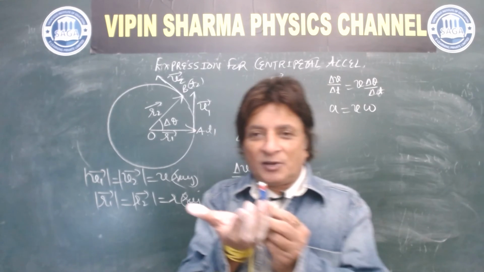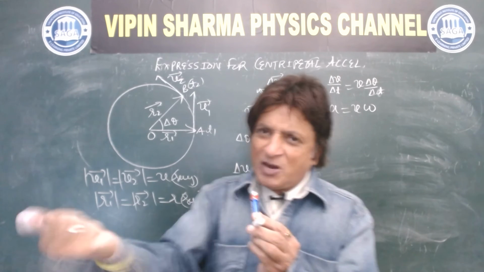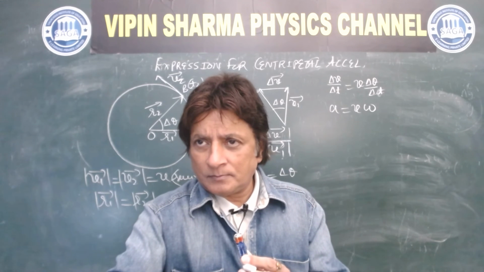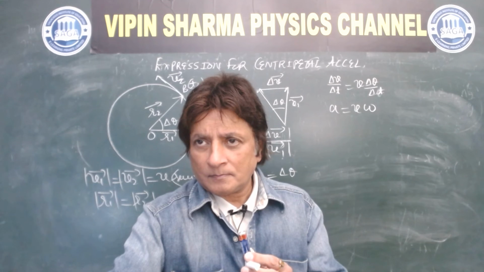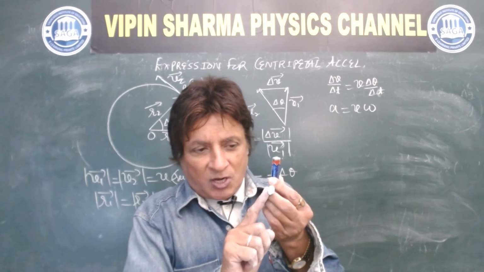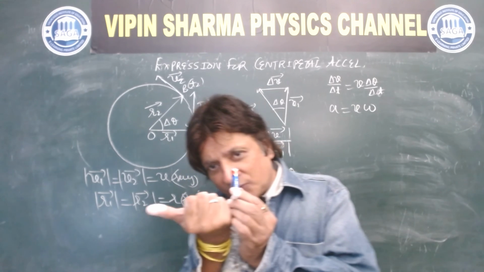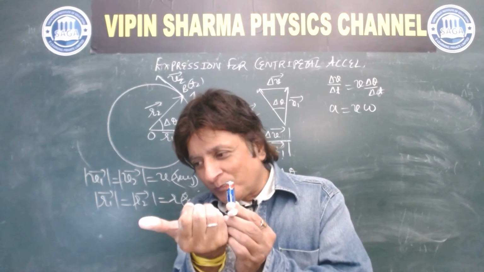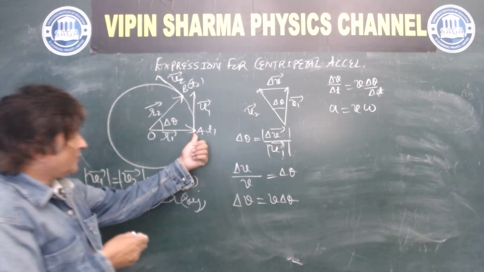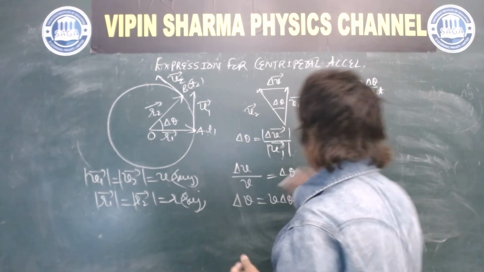Now, if we take omega cross v, it is coming out. This is the angular velocity coming out, this is the linear velocity. Omega cross v is along OA.